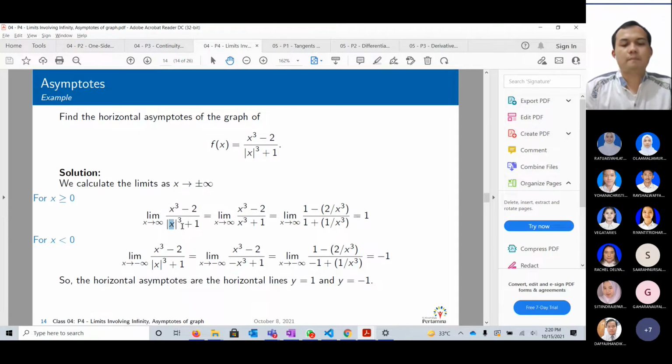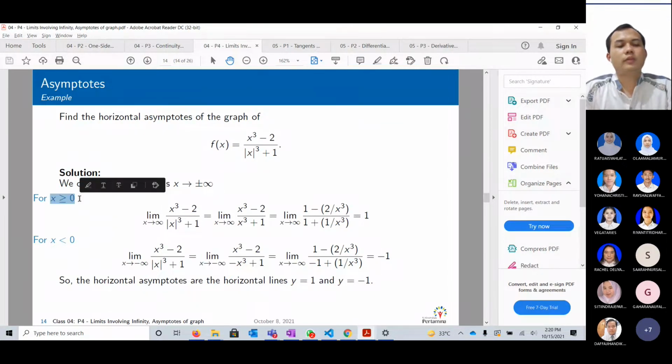Yes, sir. So in this case, because we want to try to calculate for x greater or equal to 0, so x positive, we try to approach x to positive infinity. And in this case, the absolute sign disappears.